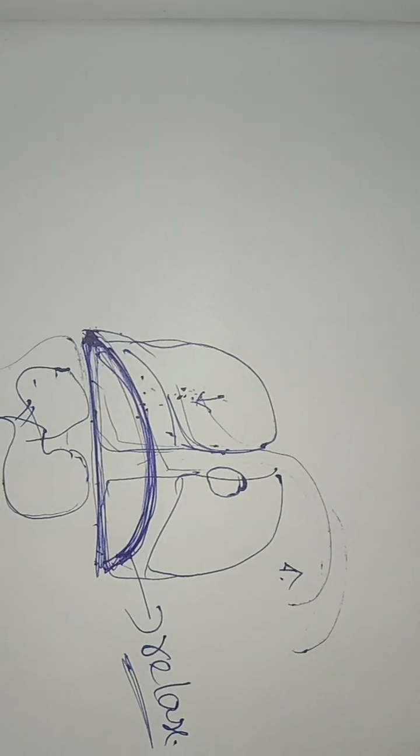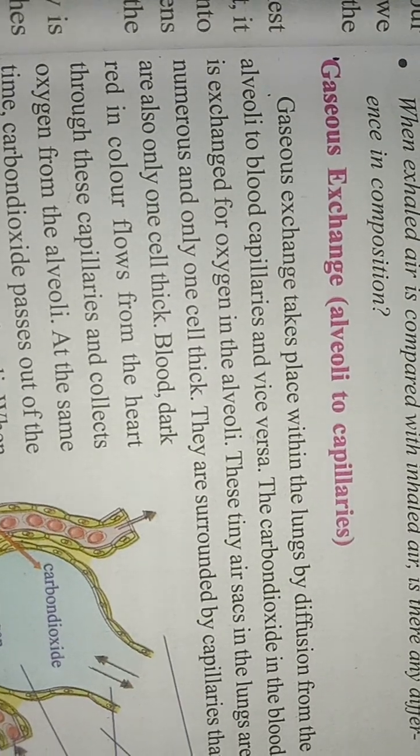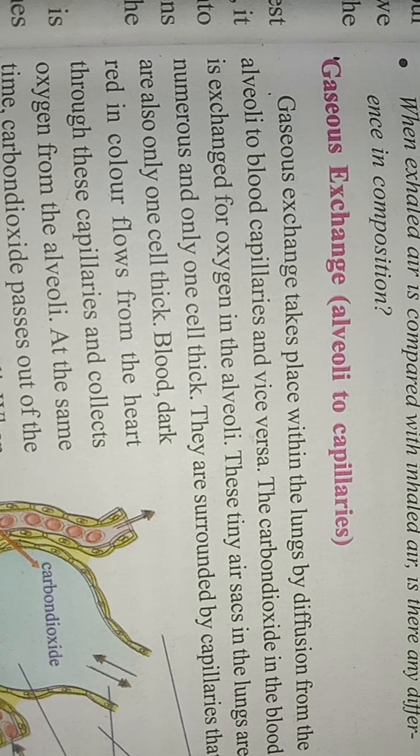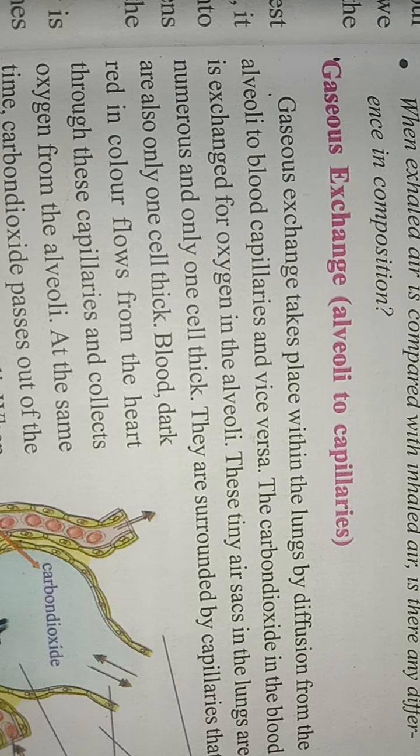Right. Next we have one more new topic: gaseous exchange from alveoli to capillaries. Gaseous exchange means carbon dioxide leaves the blood into the lungs, and from the alveoli, oxygen enters into the blood vessels.